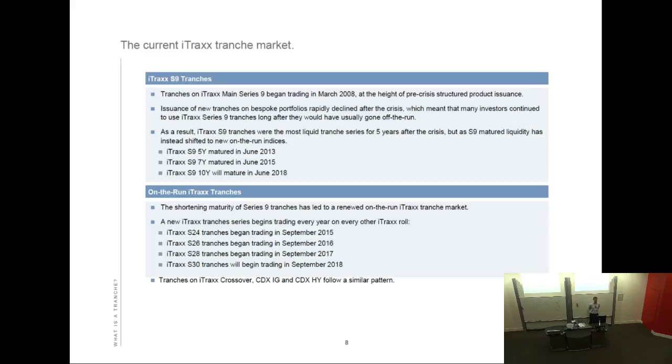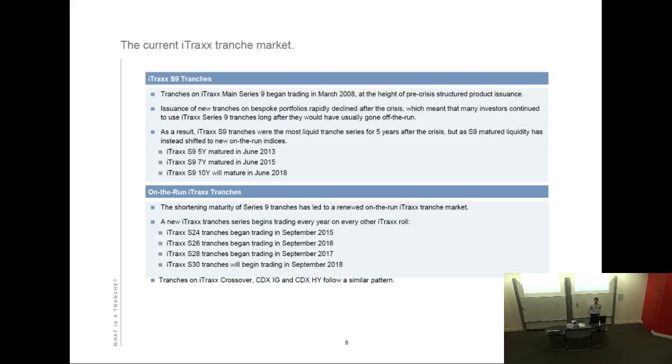Remember, every 6 months we introduce a new version. It all started in the early 2000s. So now we're at Series 29. And Series 9 is significant because it was issued in March 2008, just before the whole financial crisis really kicked off.